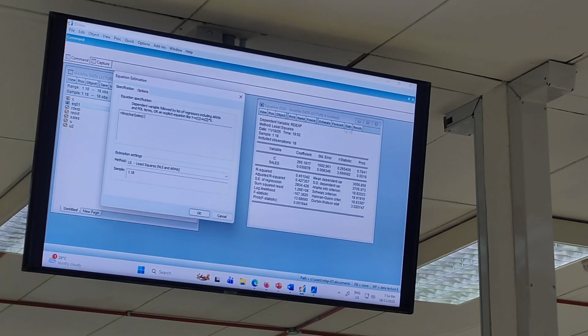Originally it was C, now it becomes 1 over square root of sales. So we no longer have C, so 1 over square root of sales. And then our sales divided by square root of sales becomes square root of sales.